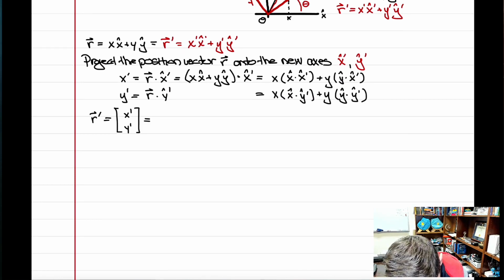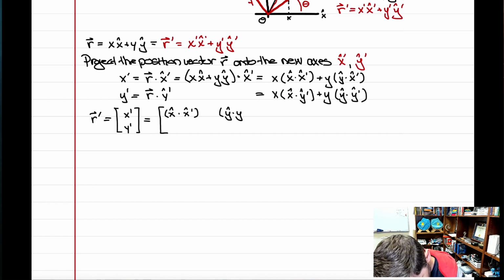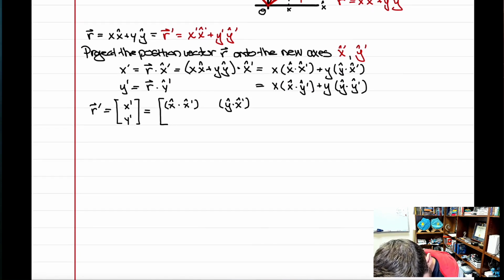So I'm going to write it like this, and pause after I write this down to make sure you see how what is written on the upper right translates to this. So I'm going to write this as a 2 by 2 matrix where this coordinate is this dot product, this coordinate is the next dot product, and then same thing underneath for the y's.